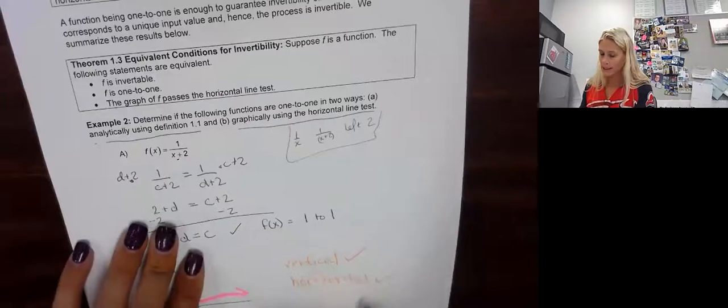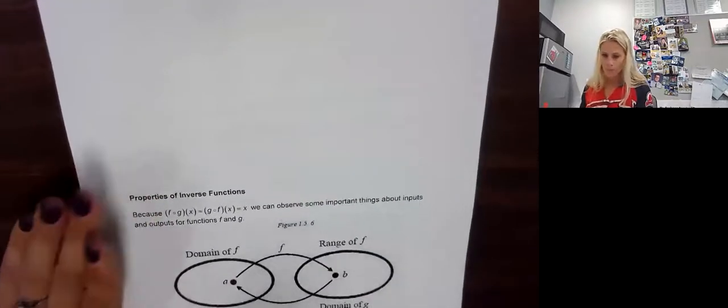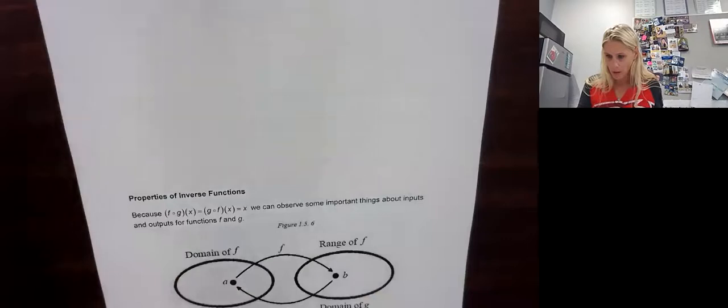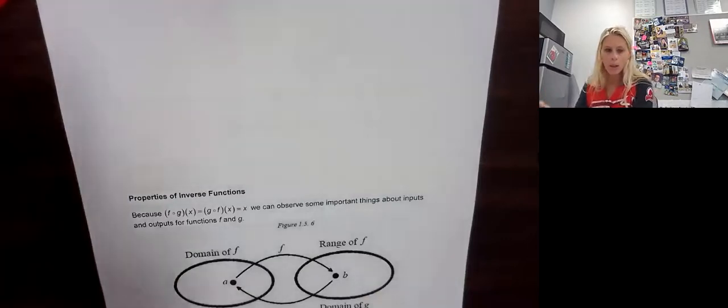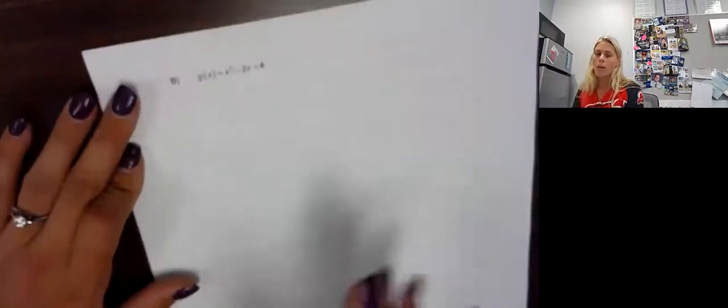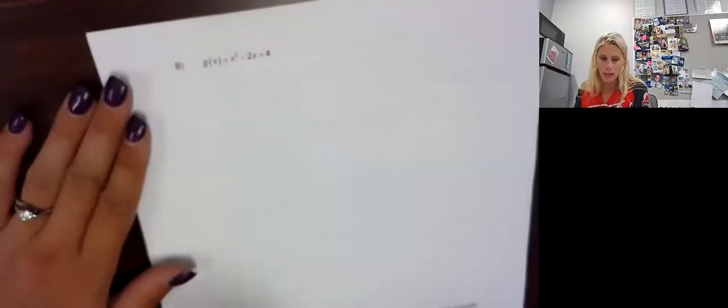Let's test the next one. Okay. So let me get my pen. We're going to show that when we put c in there and d in there, that we can simplify it, that it comes out the same.